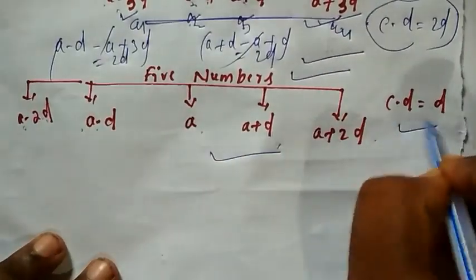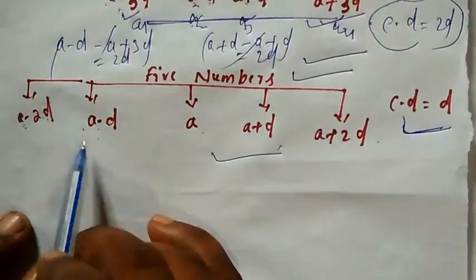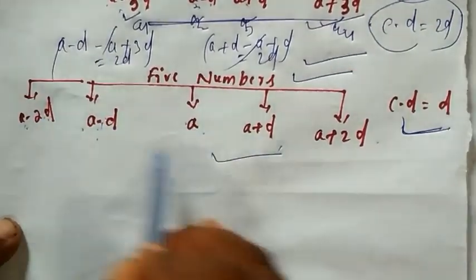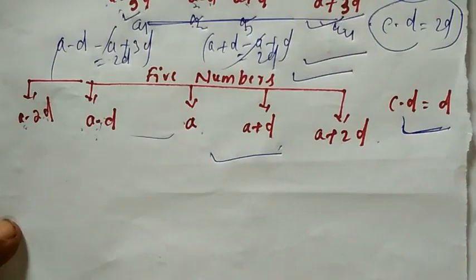Here the common difference is D. You can calculate this one minus this one, or any two consecutive terms, and the common difference will be D only.